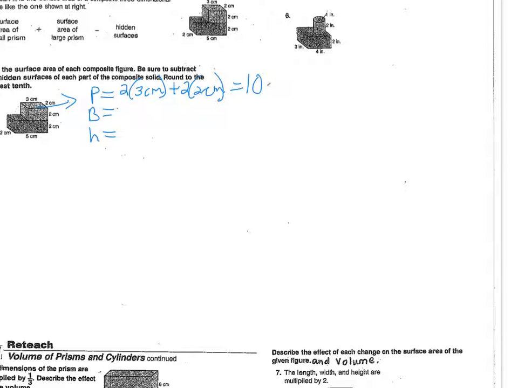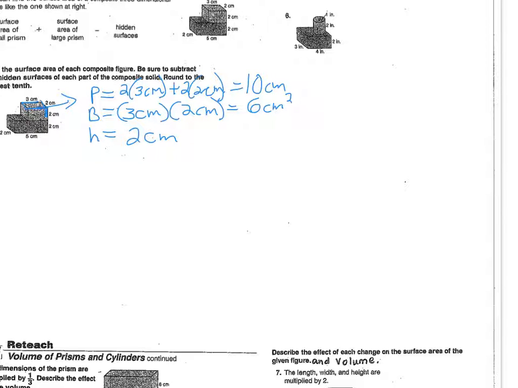You're right. So it's 10 centimeters. So the perimeter is the length around that base. Great. What about the area of the base? What is 3 centimeters times 2 centimeters? 6 square centimeters. And the height is 2 centimeters, right?